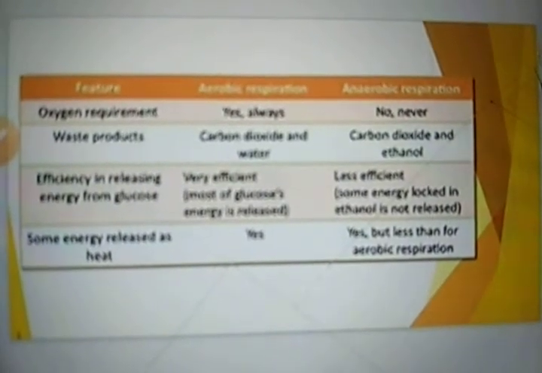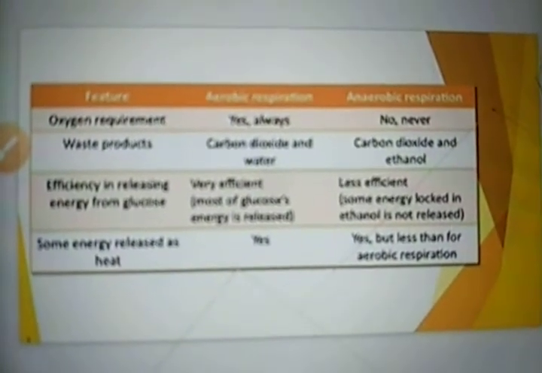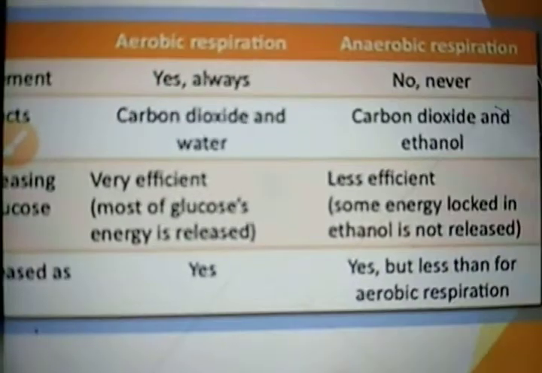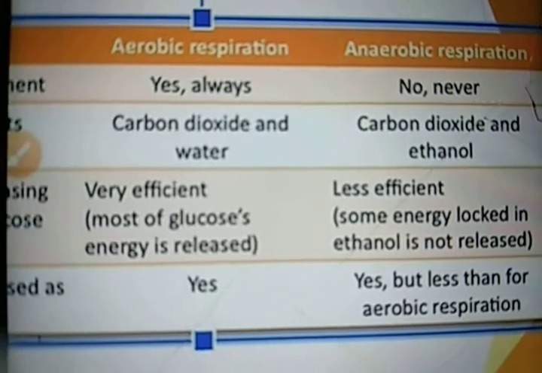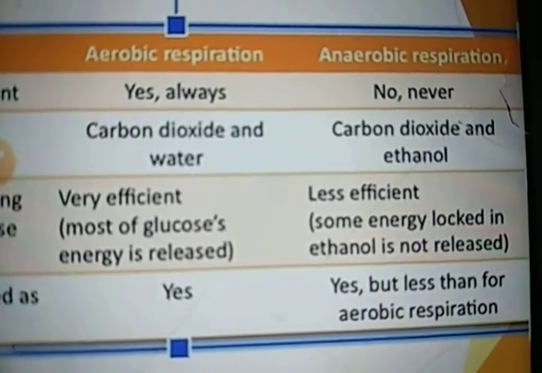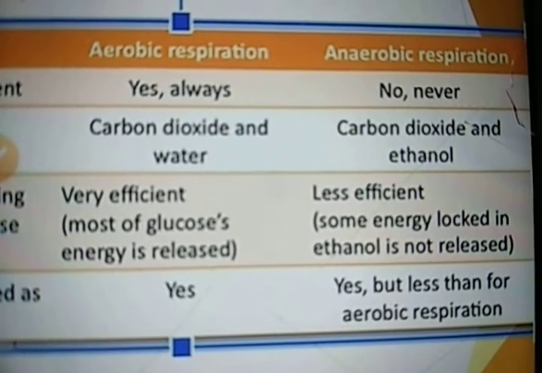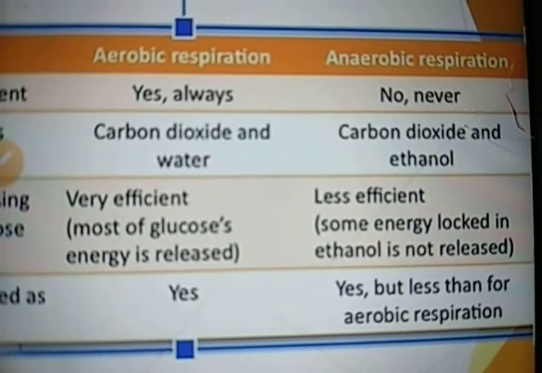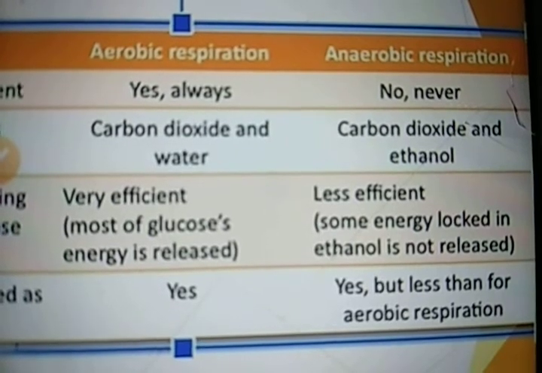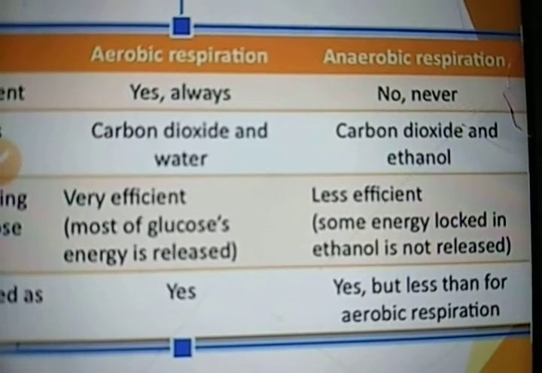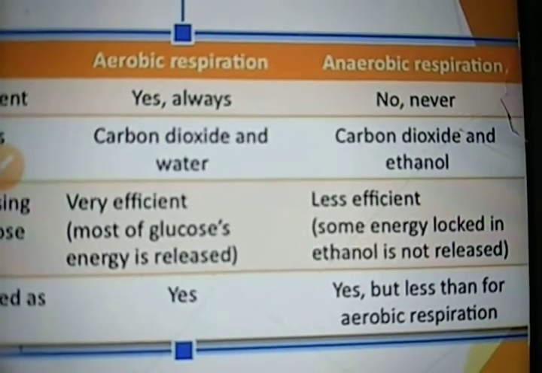Now we are talking of the aerobic and anaerobic difference. Aerobic respiration requires oxygen, whereas anaerobic respiration never requires oxygen. In aerobic respiration, the end products are carbon dioxide and water, while in anaerobic respiration, it is carbon dioxide and ethanol.